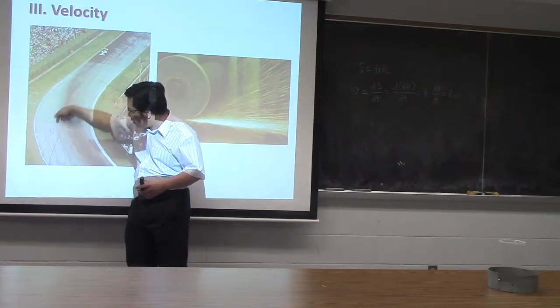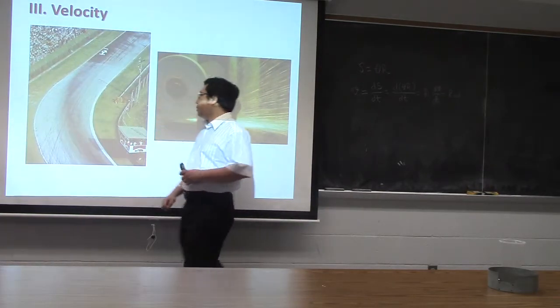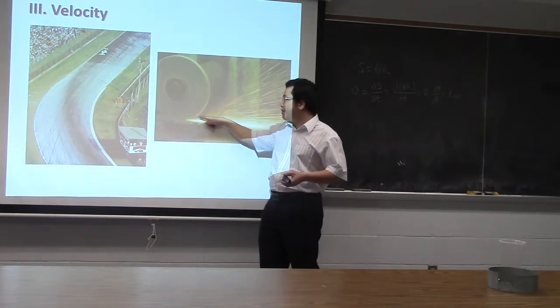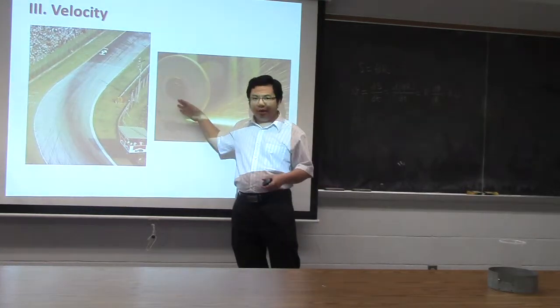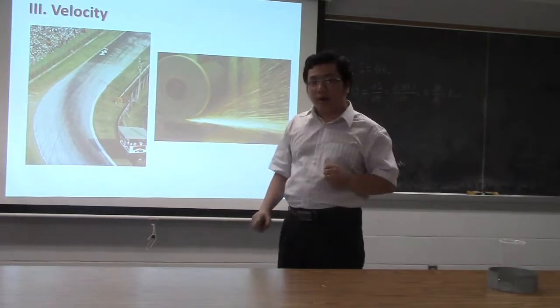So it tends to make this kind of path, as you can see from some of the skid marks. And in this picture, the tiny bits of metal flying out of the grindstone at this point make a tangent line to the grindstone at that point. So you can find many similar examples in your real life.